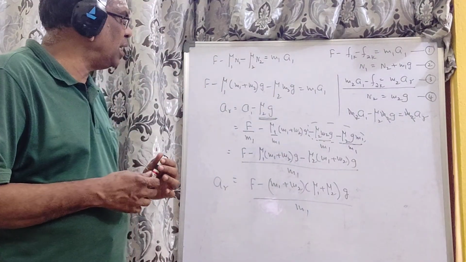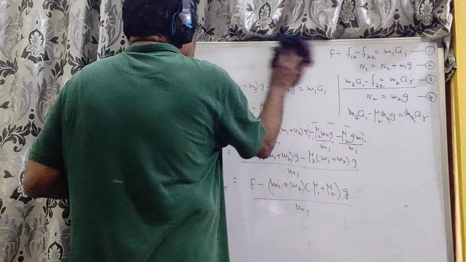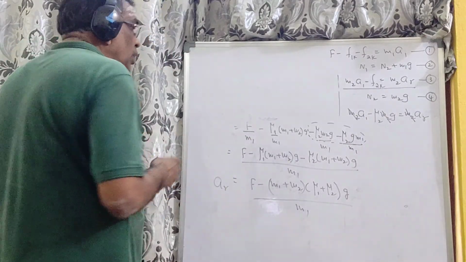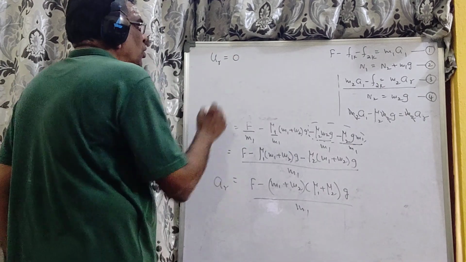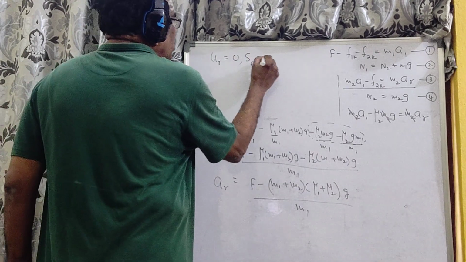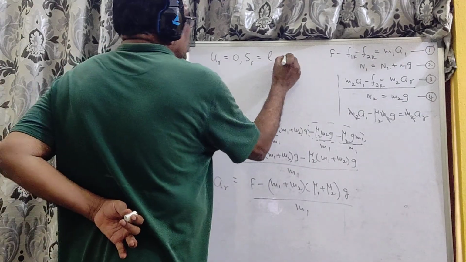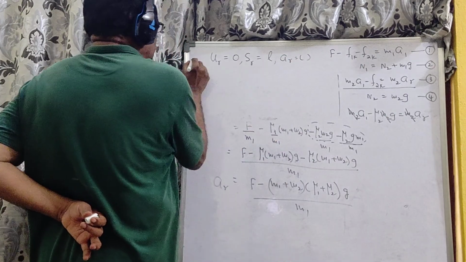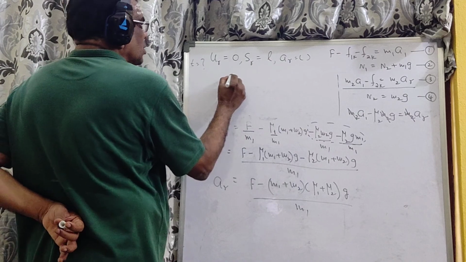Once you get AR, the other part which I told you: what is the initial relative velocity? Initial relative velocity between the bodies is 0. Relative displacement is L. Okay? And AR is known. Right? So what is T? S is equal to UT plus half AT square.